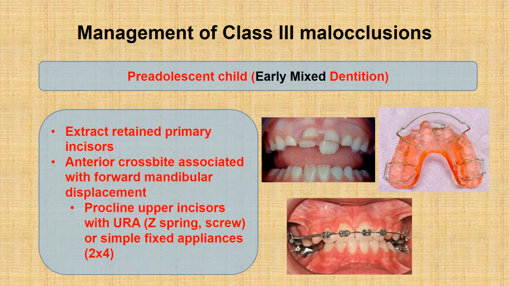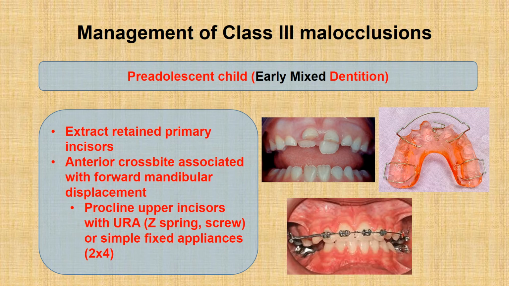Now let's have a very brief look at the management of class 3 malocclusions at various stages in the development of a child. First of all, the pre-adolescent child or the early mixed dentition.